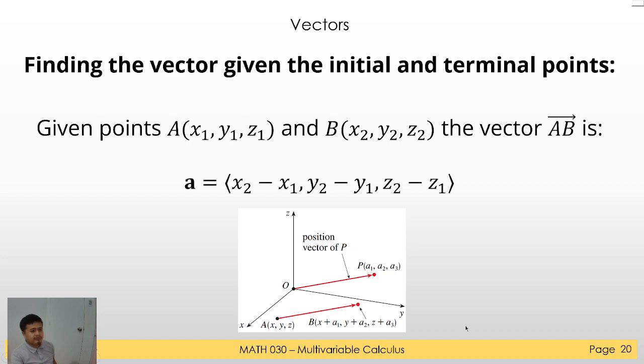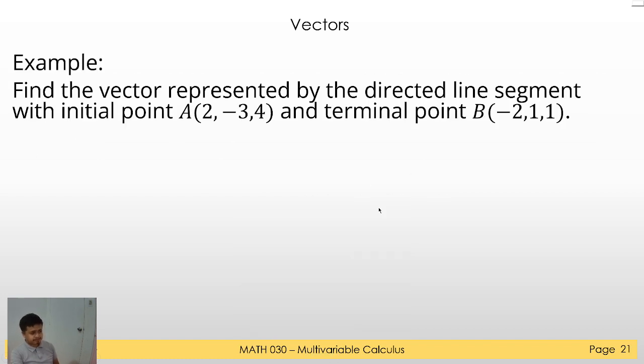How do we do that? We just subtract their coordinates, essentially. So for x, find the difference in x, find the difference in y, find the difference in z.